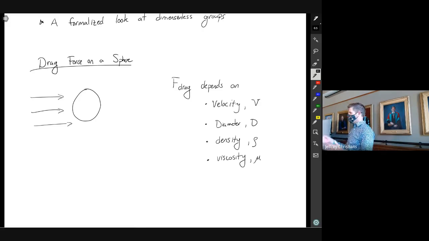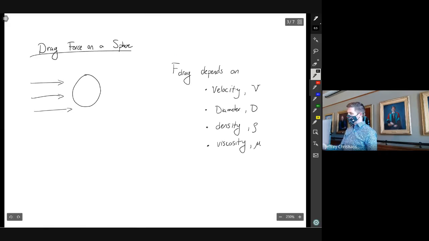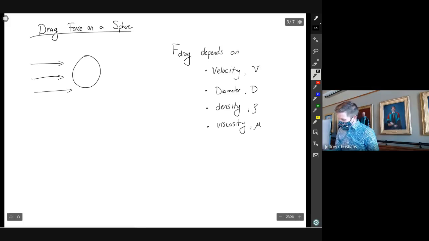And like we touched on last time, if we wanted to get an idea of how it depends on all of these, we could do experiments where we change all of them, but that gets quite cumbersome. So what we want to do is boil it down as much as we can, and not look at how drag force depends on all of these, but how they all work together, because they're not totally independent.